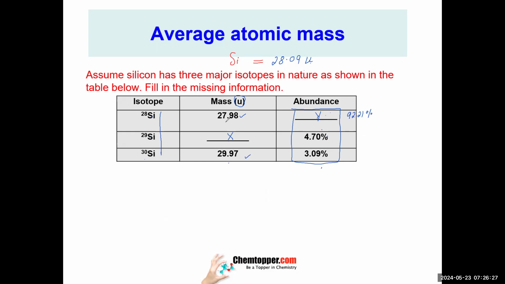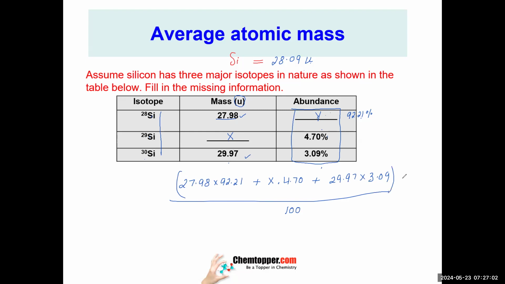Now what you are going to do? Simple mathematics. This mass multiplied by its abundance. So this question we are going to solve completely. X multiplied by 92.21, plus 29.97 multiplied by 4.70, plus 29.97 multiplied by 3.09, divided by 100, is equal to 28.09 U, the average from the periodic table.